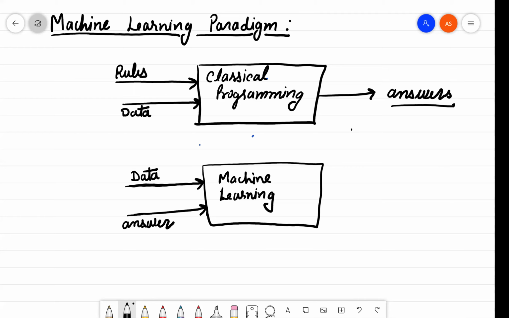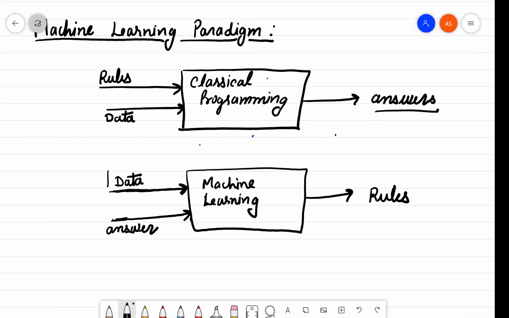It means we will input the data and we will input the answer also, spam or not spam, and the machine learning algorithm will figure out the rules for itself. These rules will map this data to this answer. So this is the basic idea of machine learning: to find the mapping between your input and your output.